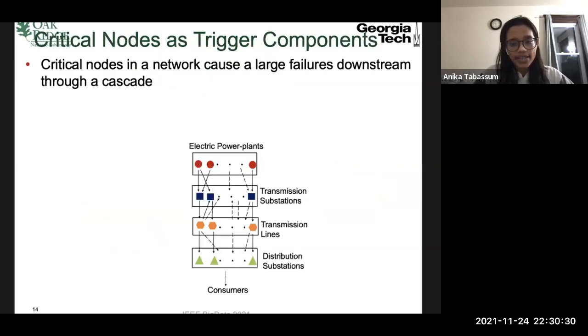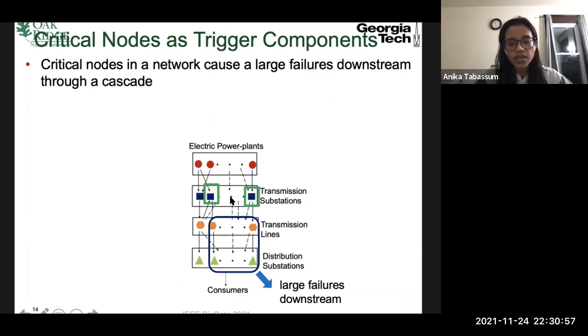Next, how can we map trigger components in contingency analysis to critical nodes in the network? As we are now considering everything in terms of a network, and we want to develop a failure cascade model on the network, how can we map trigger components within the network? We think of considering critical nodes in the network.